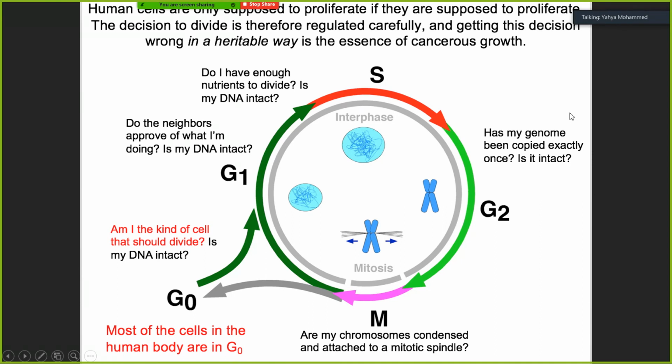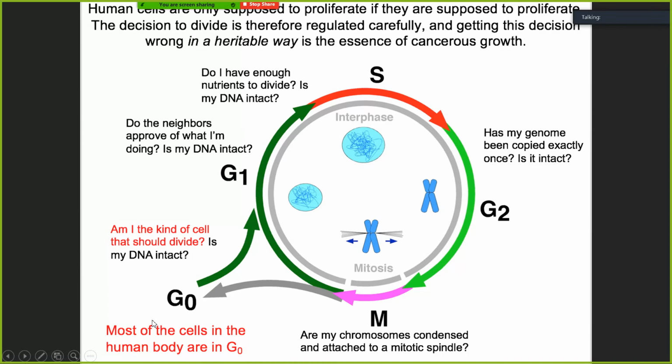When it goes to the checkpoint, the cell gets to decide, hey, am I ready to go to the next phase? Am I ready to keep going? If so, then it can go on. Otherwise, it stops there, or it tries to get ready to go on. So there are certain checkpoints throughout the cell cycle, right?